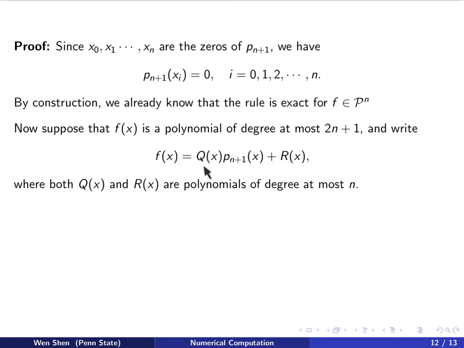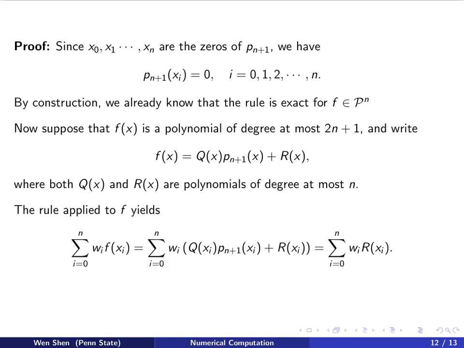And here both q and r are polynomials of degree at most n. You can think of that as follows: you take this polynomial f and do a polynomial division. You divide f by P_{n+1}. Then r will be the remainder and q will be the quotient.